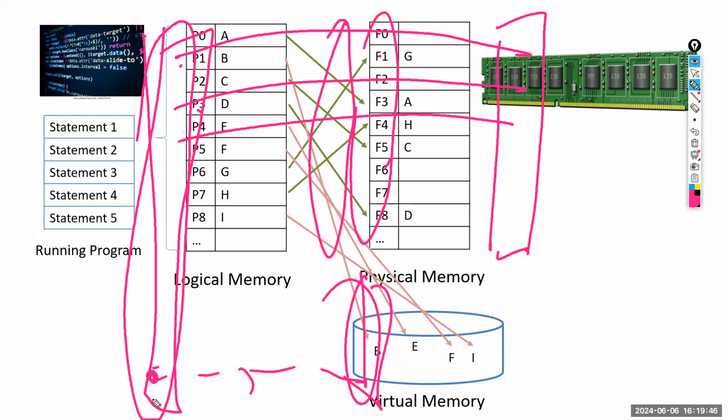That means that logical address has no physical address. Some logical addresses have a corresponding physical address, but some other logical addresses don't, because that data is not right now in the physical memory, it's in the virtual memory, or in your secondary storage.